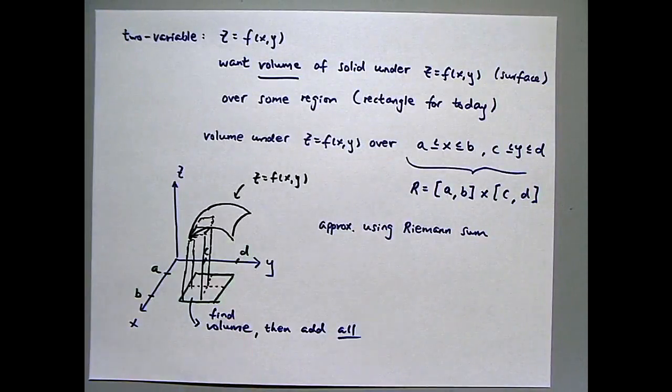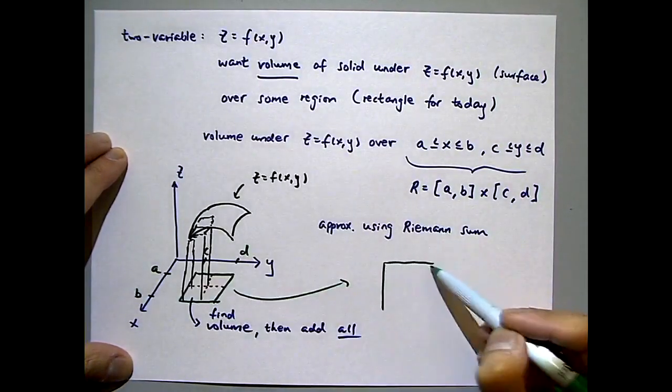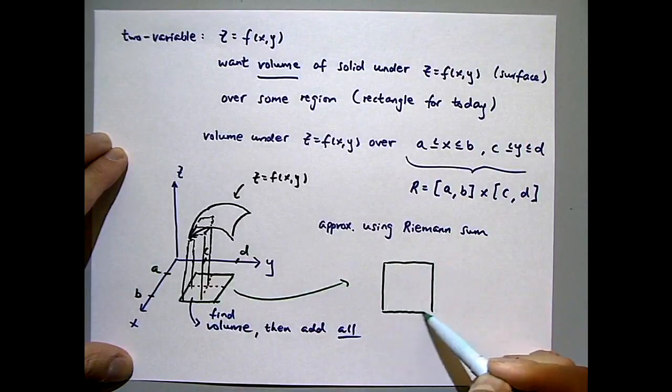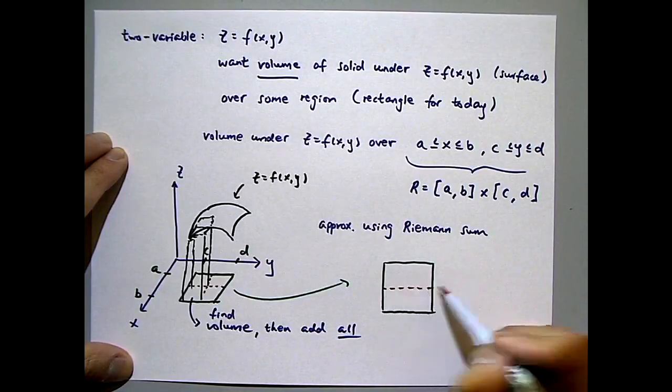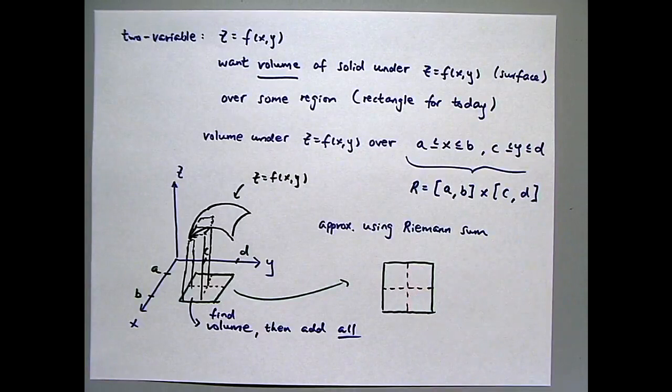So if you look at the region here, for each one of these small squares, how many sample points could I potentially choose?